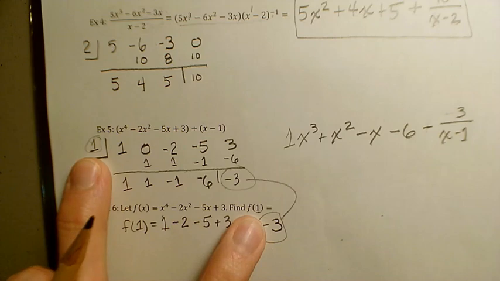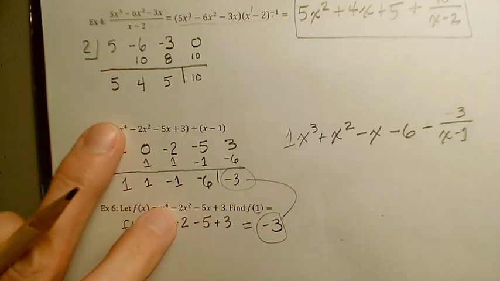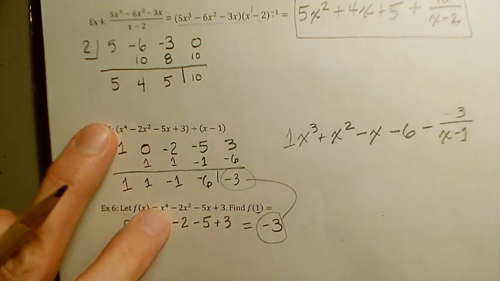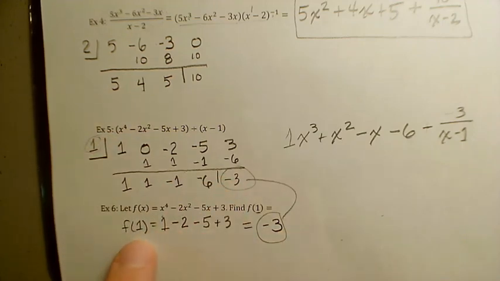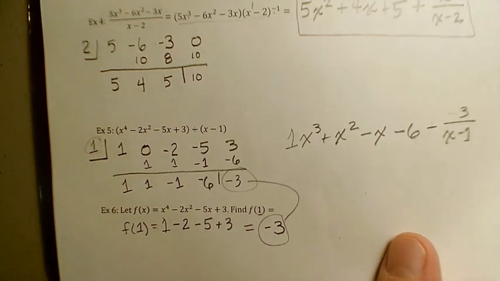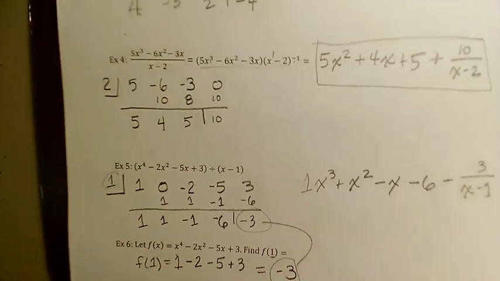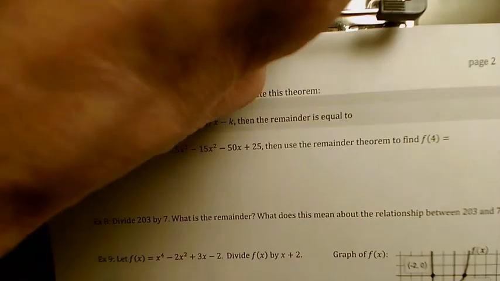And so if those are the same, and of course we're using the same polynomial that we're dividing into, then our remainder will be the same as the function evaluated at that same x value. All right, so let's look at that remainder theorem, which is on the next page.